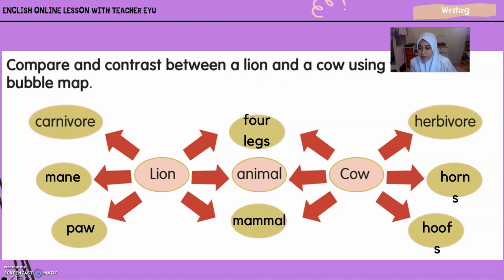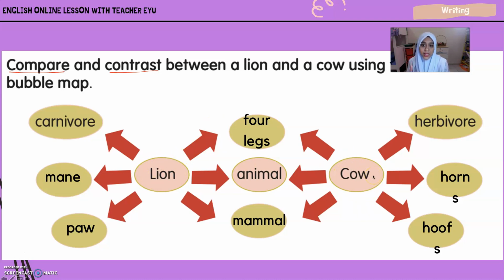Compare means look for the difference. Contrast means look for the similarities. The first animal is lion and the second animal is cow.